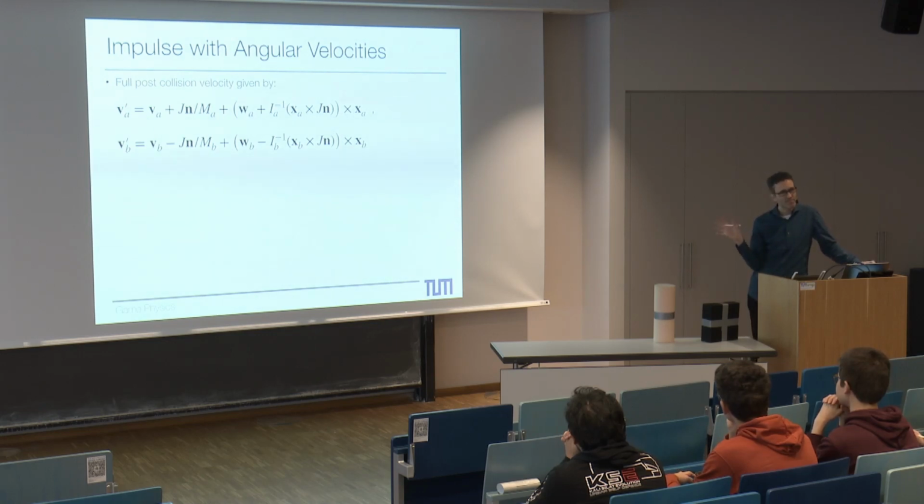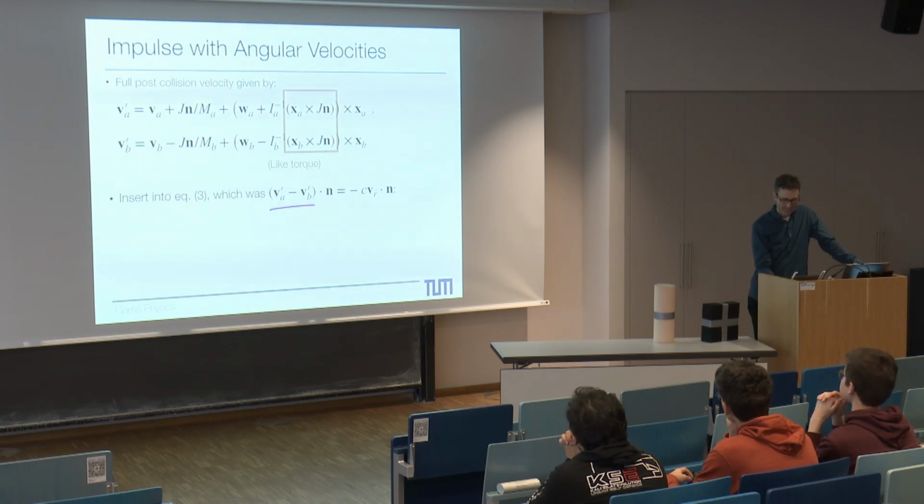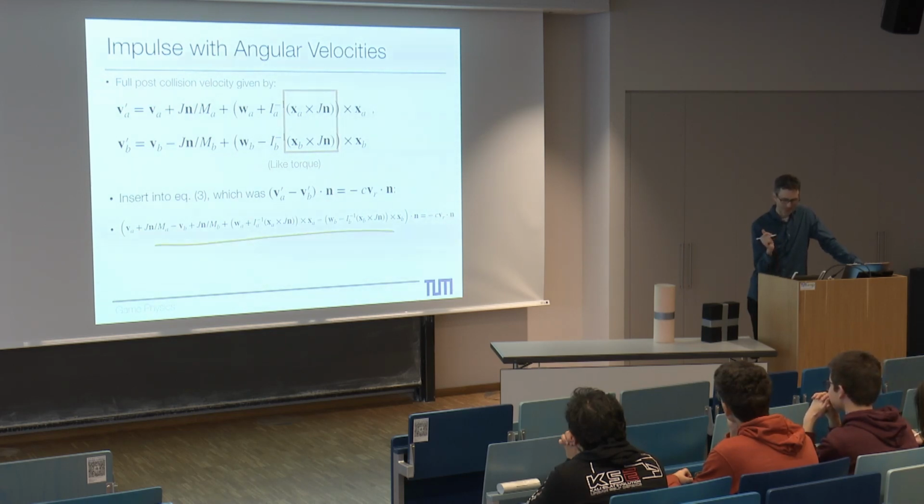Does it make sense? And now we just have to do the same thing again. Unfortunately, now this is getting a bit longer, but we just insert these two into the other equation for the relative velocity. Exactly, into this one, I hope you remember. And then we rearrange our equations. And yeah, this is where things get a bit ugly, because now we have a fairly long list of terms here.